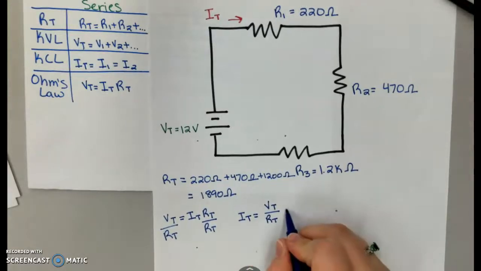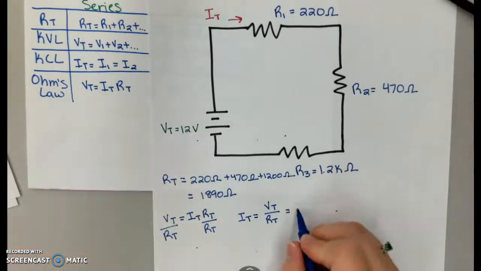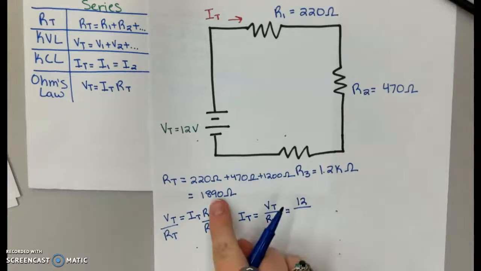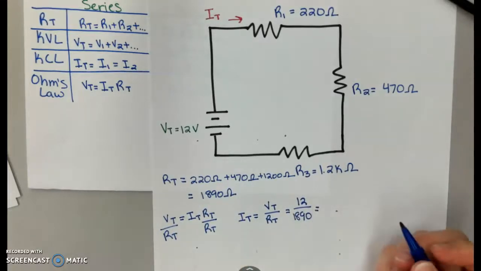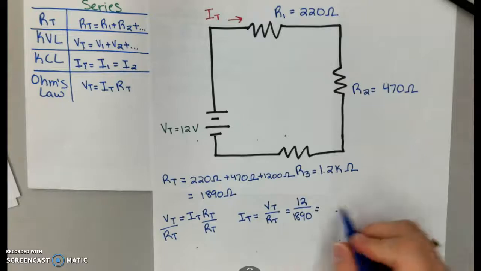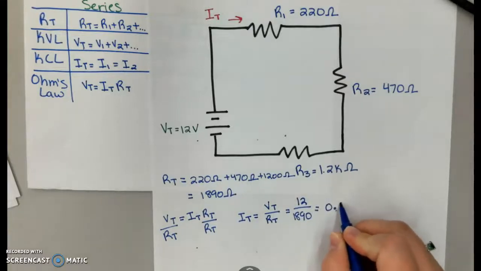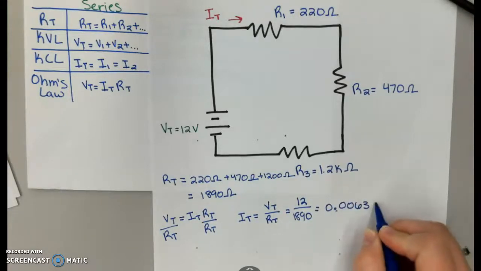And so for this circuit, we know that my total voltage is 12, and we just found our total resistance. So that means that my current is approximately 0.0063 amps.